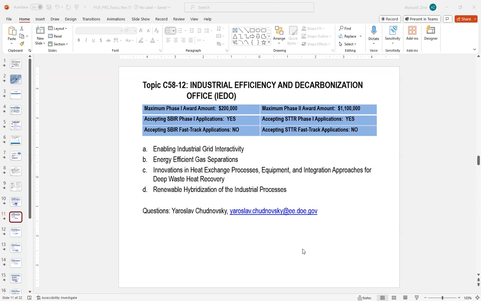So we're looking for innovation in coupling renewable sources to industrial applications and industrial systems, just to boost their efficiency and reduce the carbon footprint.